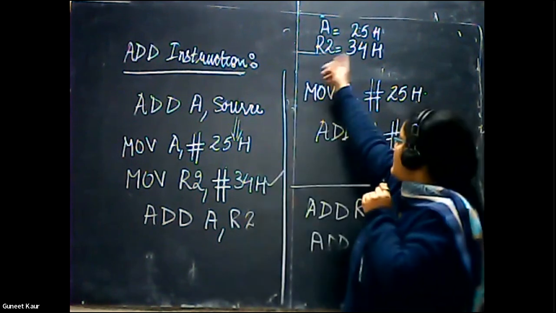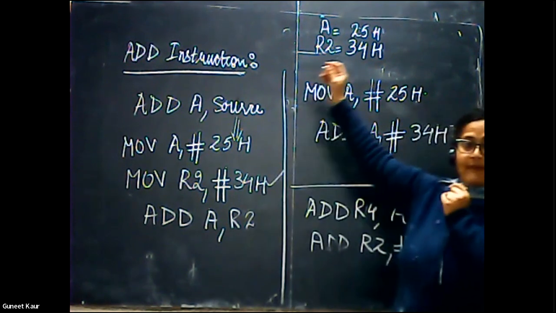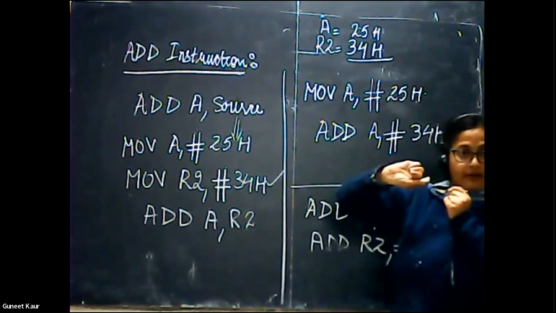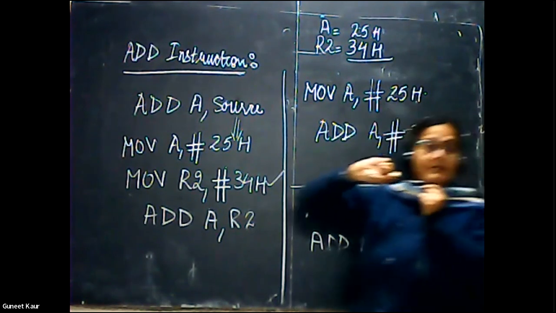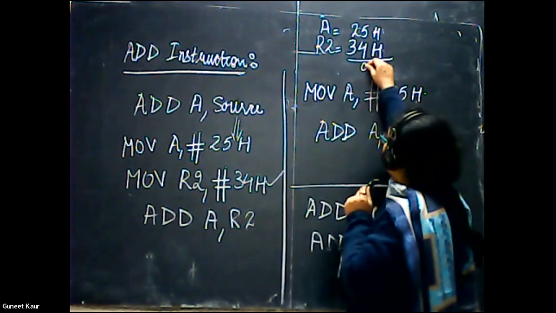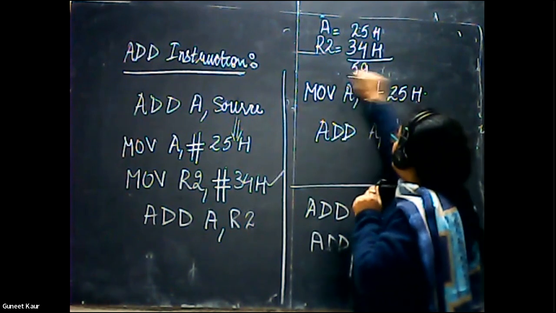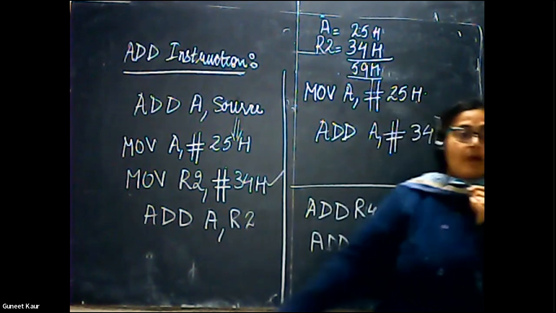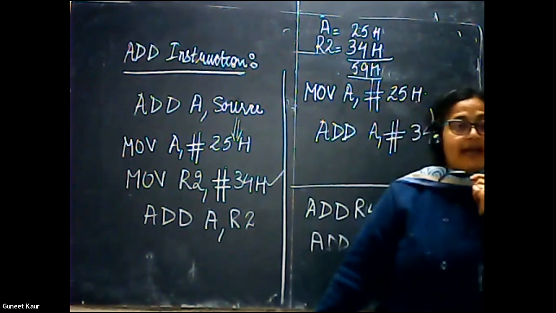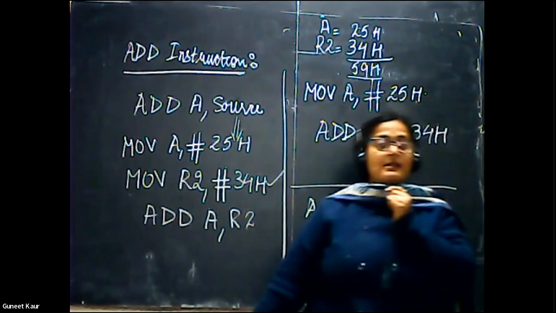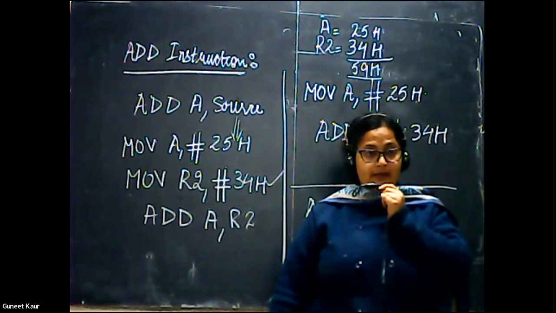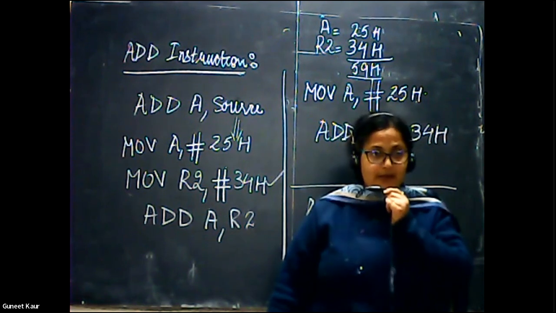So if I add these, 5 plus 4 is 9, and 3 plus 2 is 5. After the addition, the accumulator content will be 59h. This is how hexadecimal addition is done.